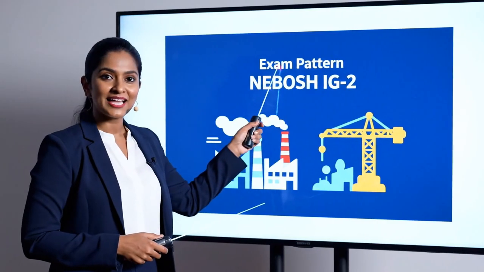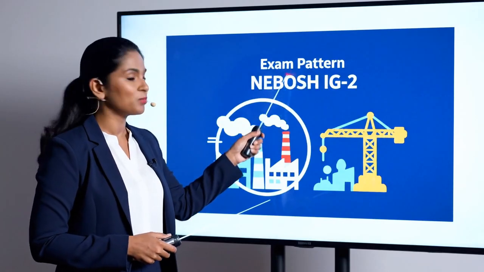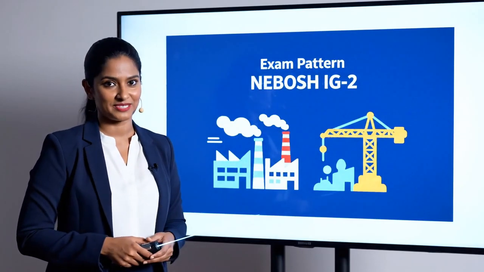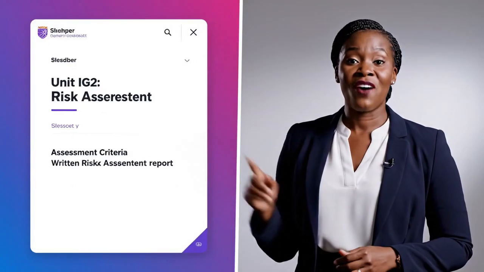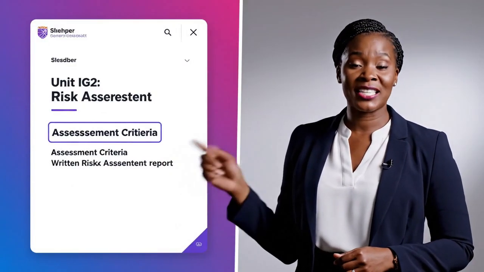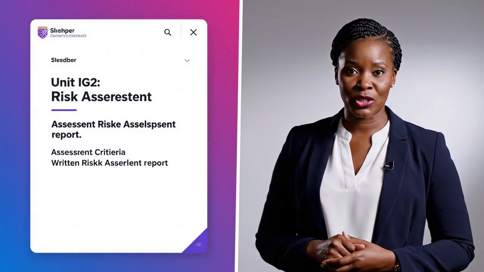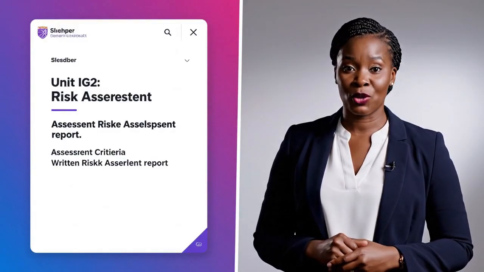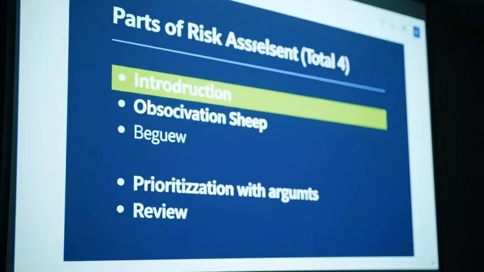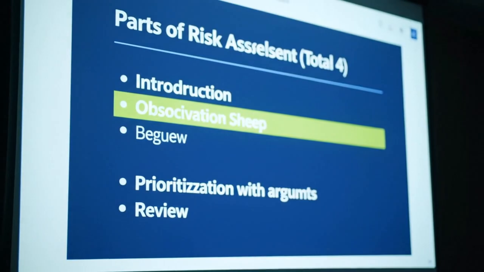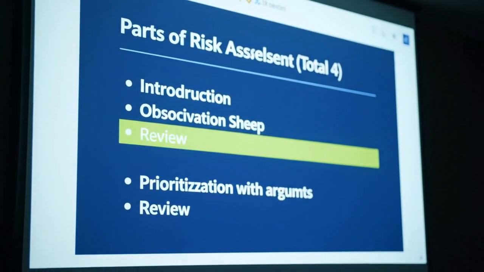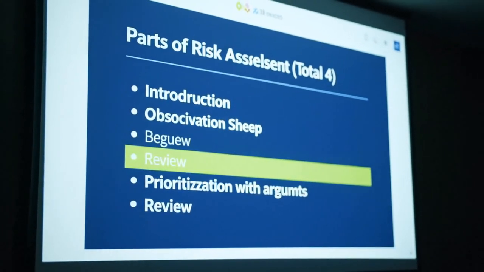Next, let's look at the IG2 unit, which is the practical risk assessment. For IG2, you must submit a written risk assessment report using the official NEBOSH format. The report has 4 parts: introduction, observation sheet, prioritization with arguments, and review.